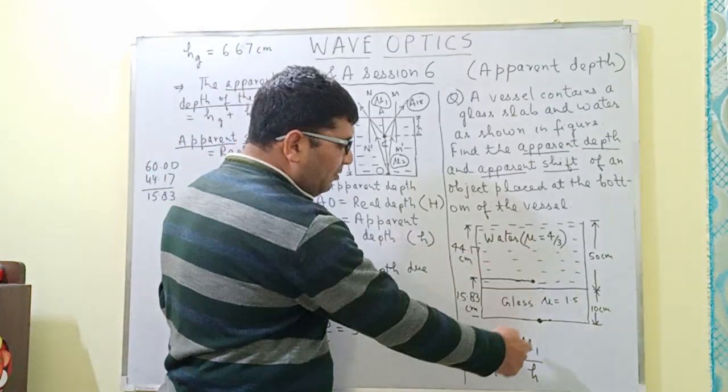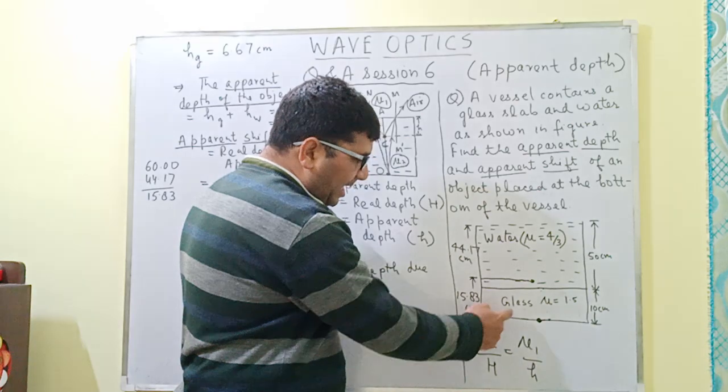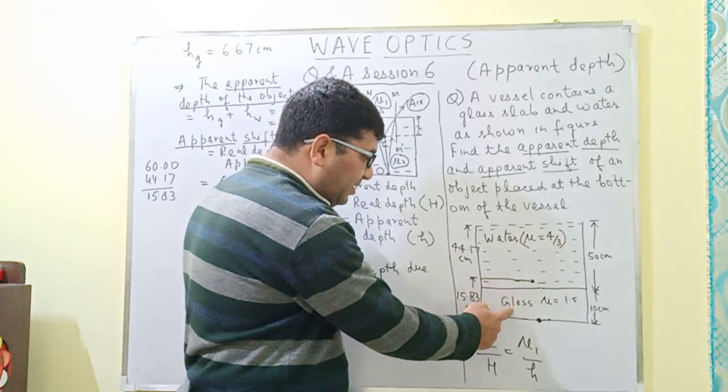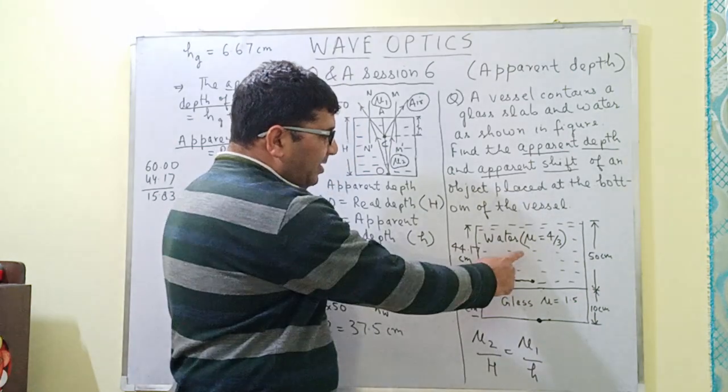So in this case, mu1 will be the absolute refractive index of air, mu2 is the absolute refractive index of glass, and mu2 is also the refractive index.